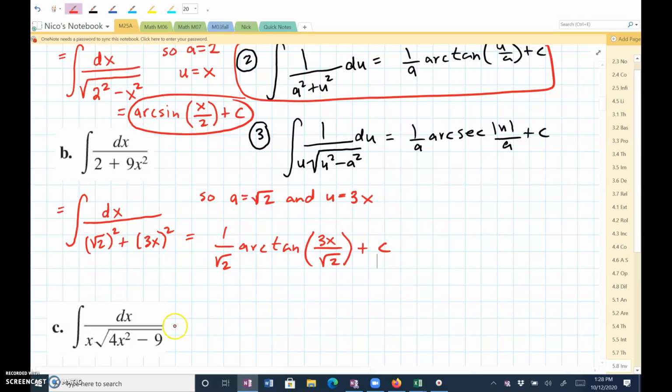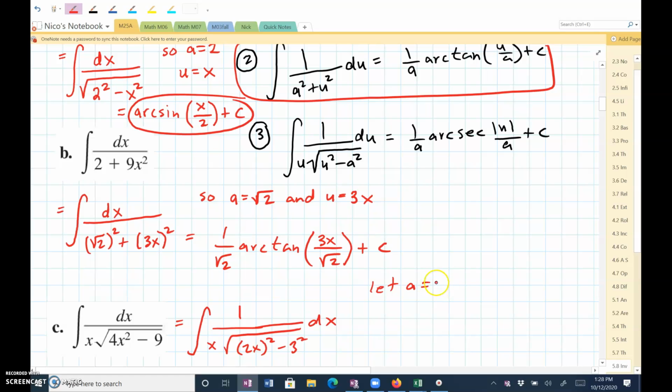Part C, let's rewrite this as 1 over x times the square root of 2x squared minus 3 squared dx, and let a equal 3 and u equal 2x.